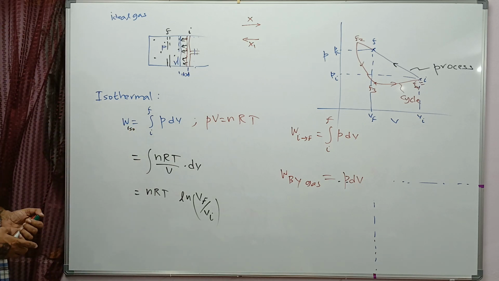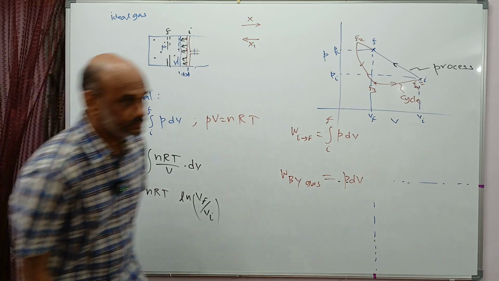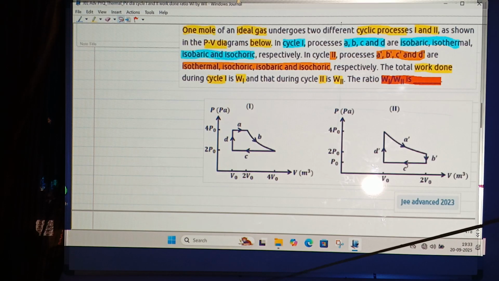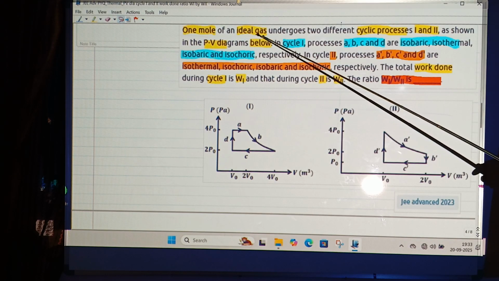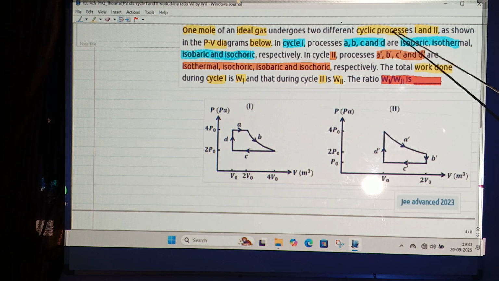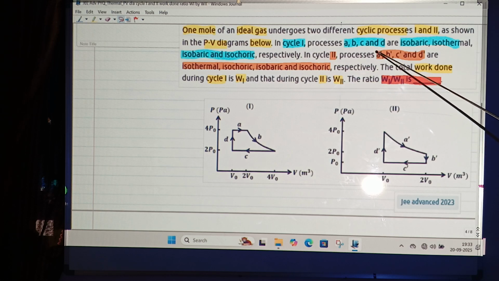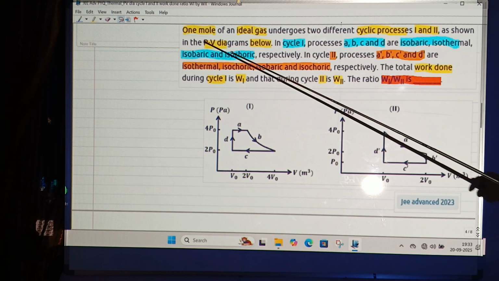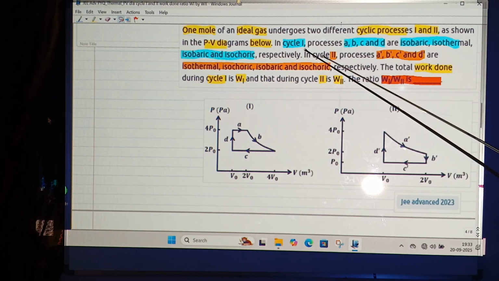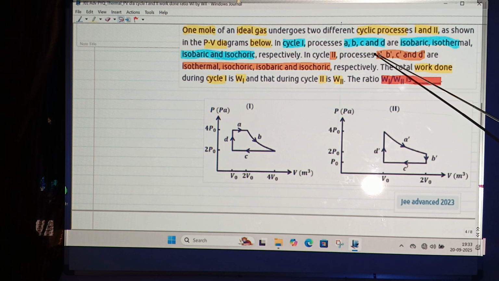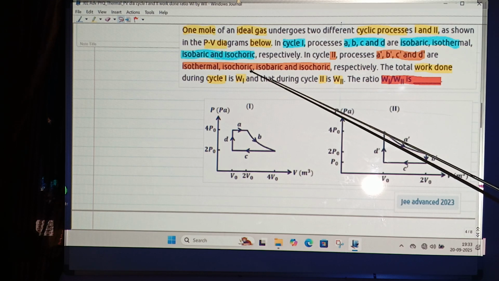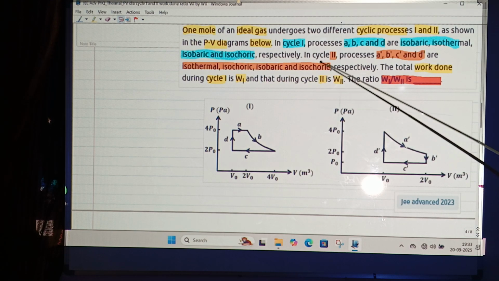So with this understanding, you can solve this JEE Advanced question. 1 mole of an ideal gas undergoes two different cyclic processes, 1 and 2, as shown in the PV diagrams below. In cycle 1, processes A, B, C and D are isobaric, isothermal, isobaric and isochoric respectively. In cycle 2, processes A prime, B prime, C prime and D prime are isothermal, isochoric, isobaric and isochoric respectively.